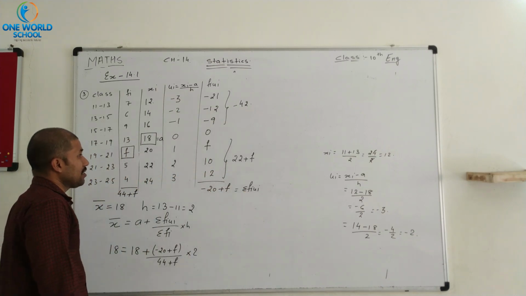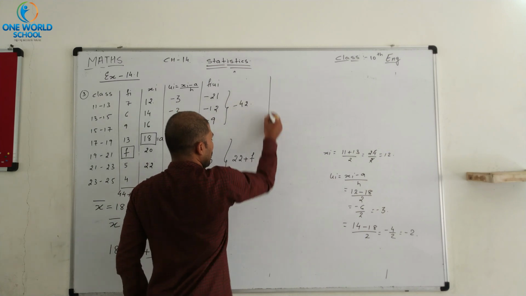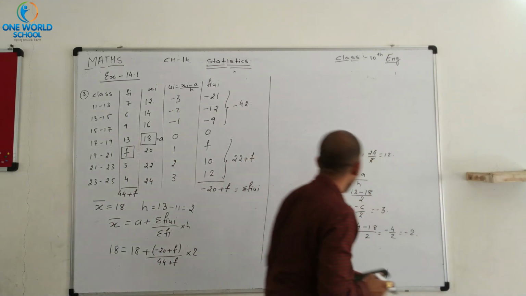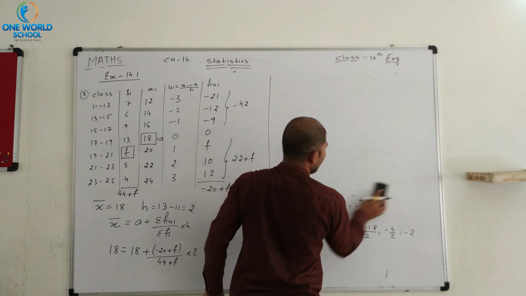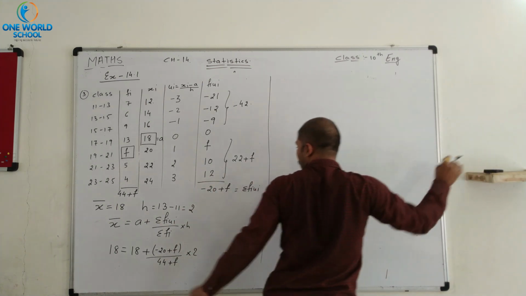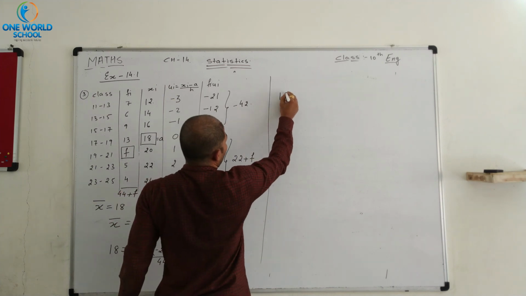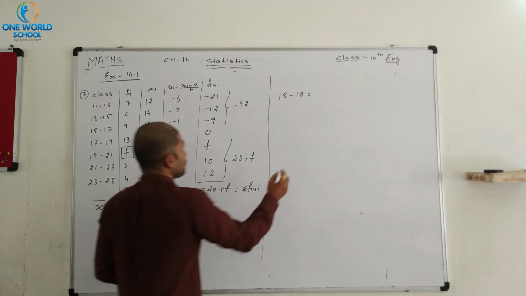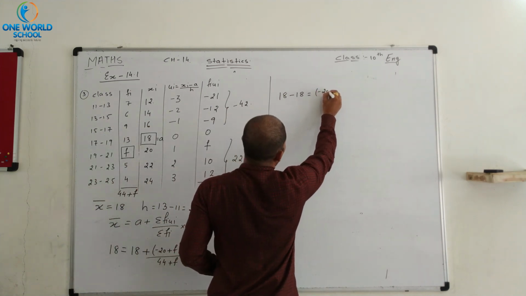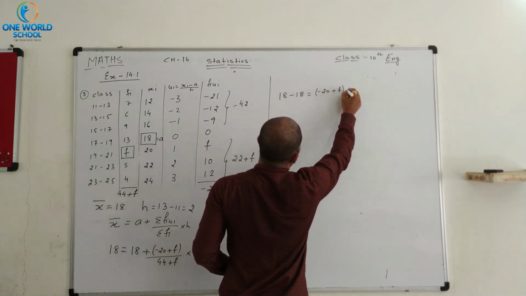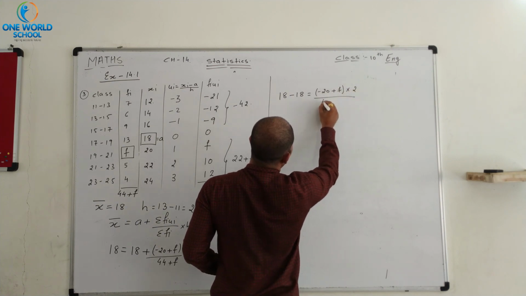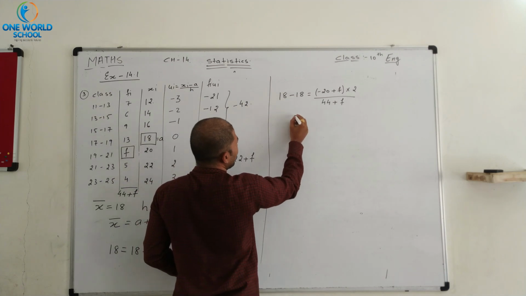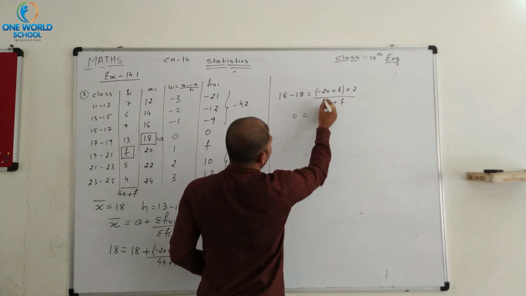Take 18 minus 18. Now see, minus 18. Then we obtain minus 20 plus f into 2 upon 44 plus f. 18 minus 18 becomes 0.